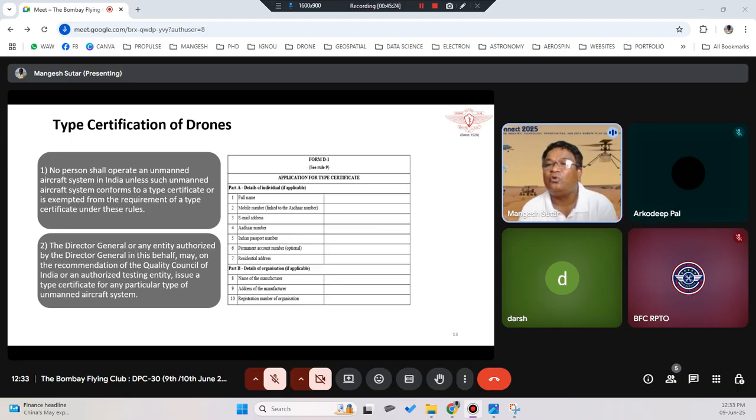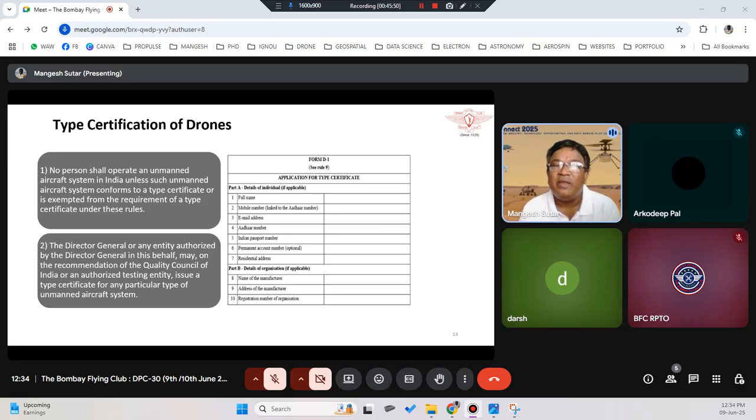That means it should follow certain safety, security, and material guidelines. Certain ISI or quality features need to be implemented, safety features need to be implemented. All that you need to follow. Then only you will get a type certification for your drone. Then only you will be allowed to manufacture those drones and sell them.